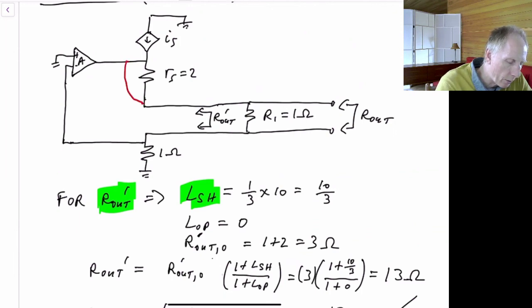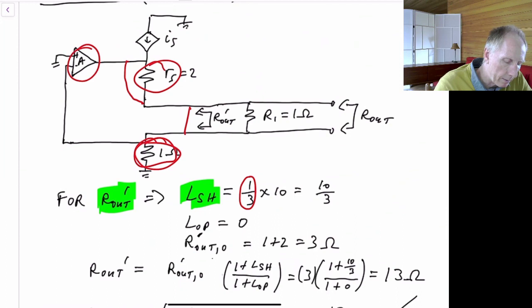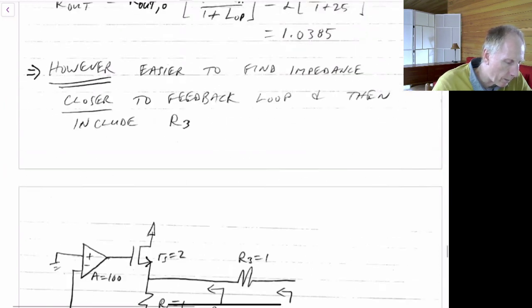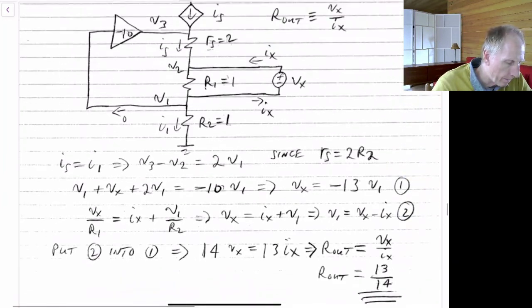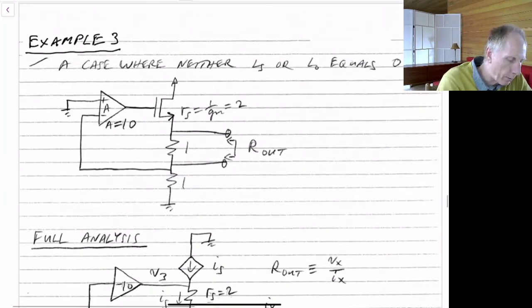Remember, this is now shorted, which is going to be this impedance divided by this impedance plus our 2 ohms. So 1/3, times the gain A over here, which is 10. Actually, the gain A over here should be 100. Oh, sorry, it was example 3. I'll go back to that. Oh, in example 3, A was equal to 10. So yes.